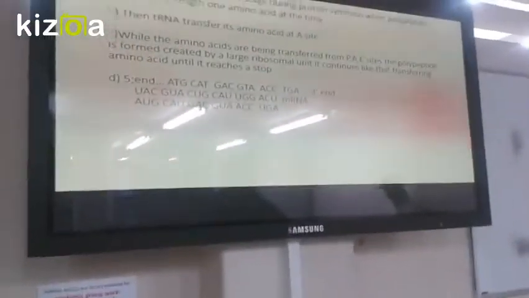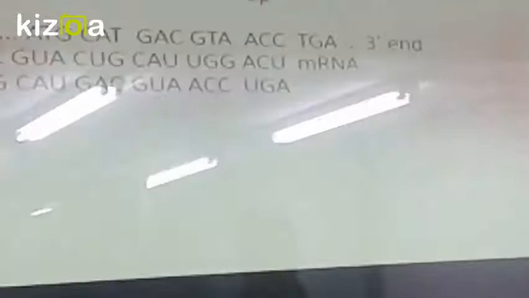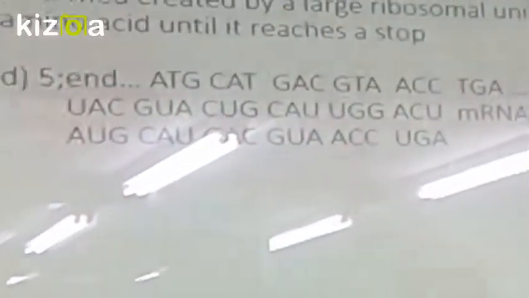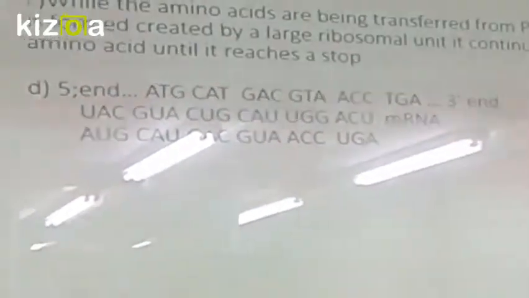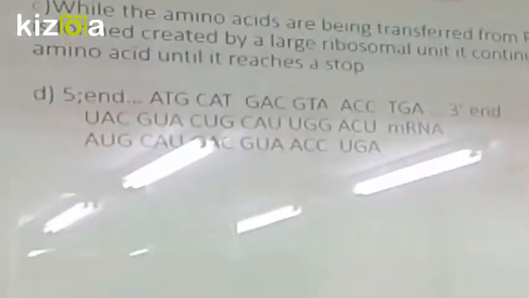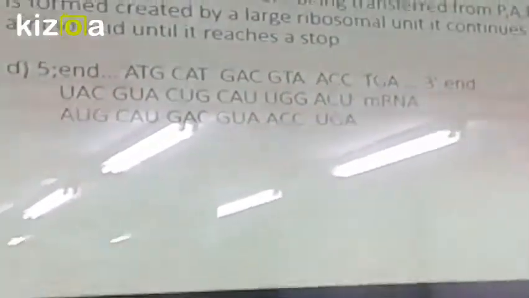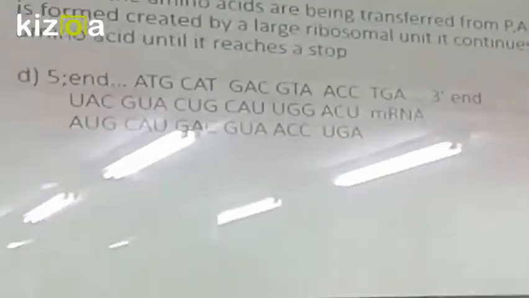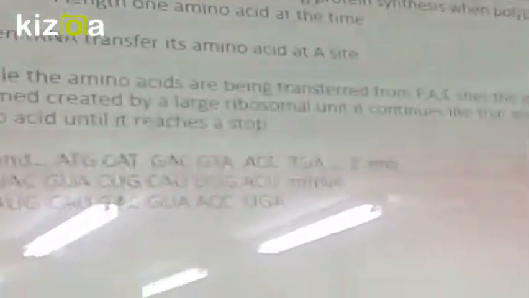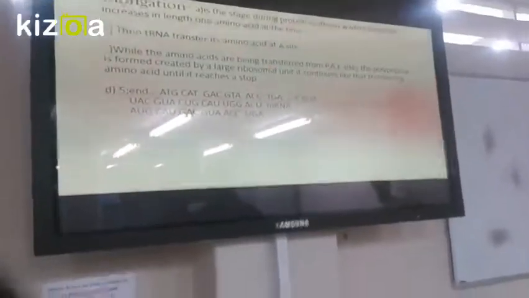The amino acids are bonded together by peptide bonds, while the amino acids are transferred from the P site, A site, and exit site, and the polypeptide is created by the large ribosomal unit. It continues like that, transferring amino acids until it reaches a stop codon.